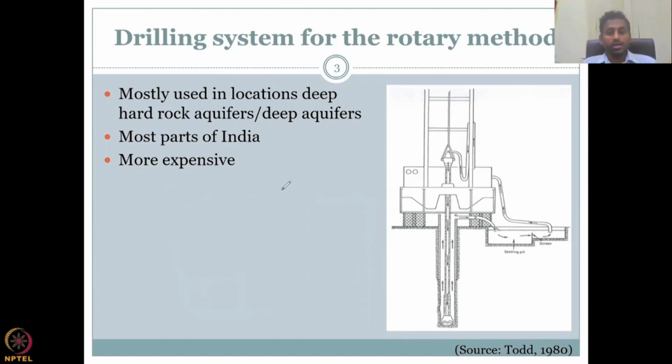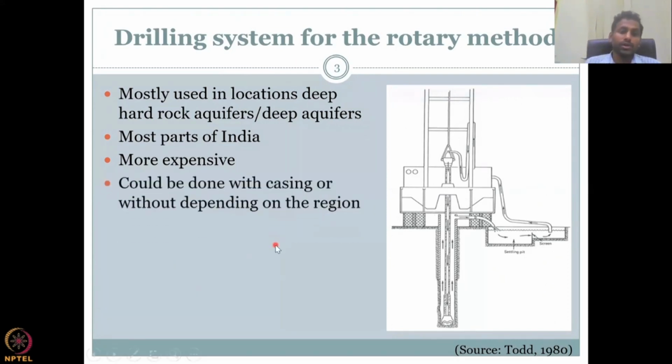So what you see here is it is more expensive and could be done with casing or without, depending on the region. Normally, casing cannot go to such depths. Think about the expenses for tubes to put that deep. You have to put meters after meters of well tubes. So this one is what I'm talking about, casing.